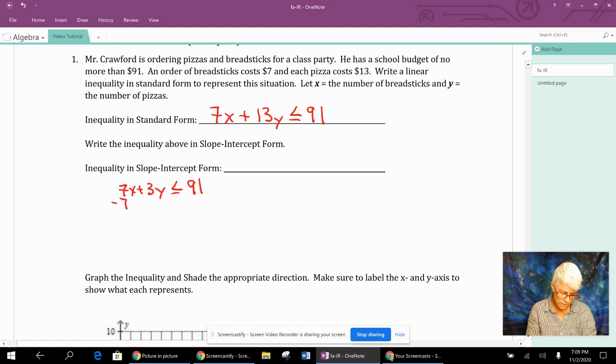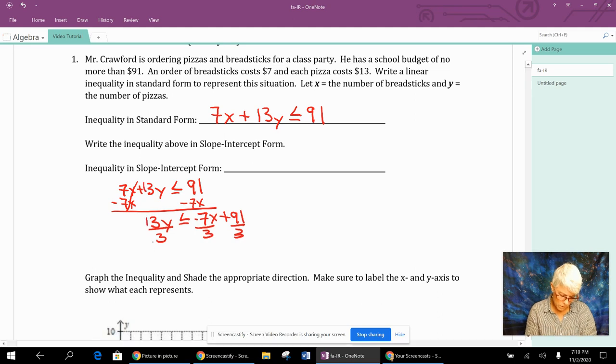I need to move this 7x over. That gets my 13y by itself. I'm going to put the 7x in front, so it is in slope-intercept form. But now I'm going to divide everything by 3. I'm sorry, by 13.